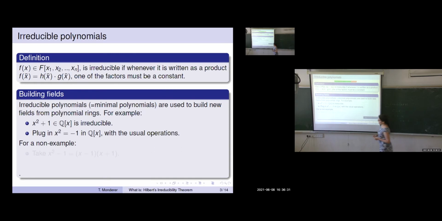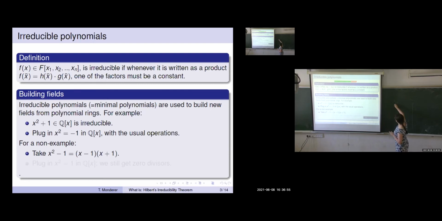And if I take an irreducible polynomial and follow this procedure, so for example, I think we need to erase the board, right? Yes. So for example, if I take x squared -1, and I'll do the same procedure.